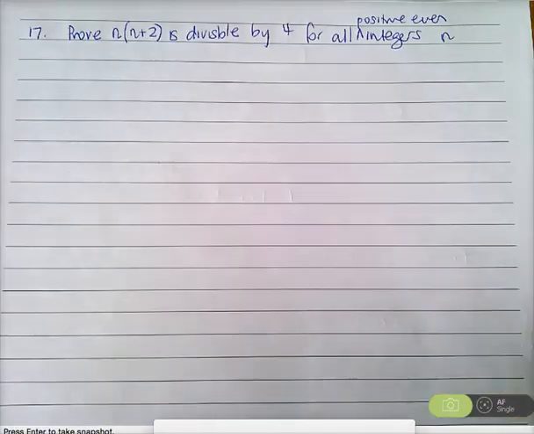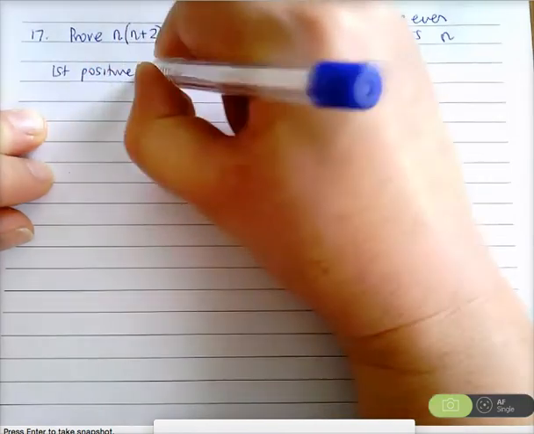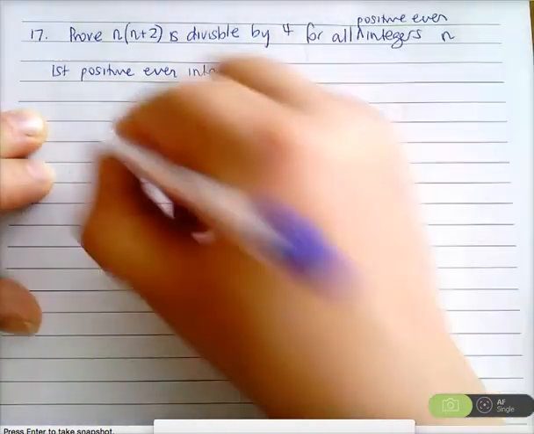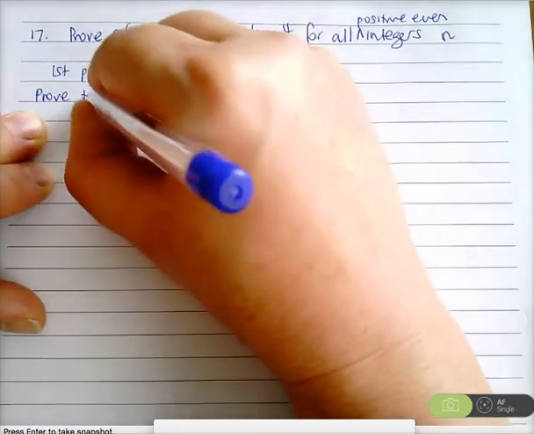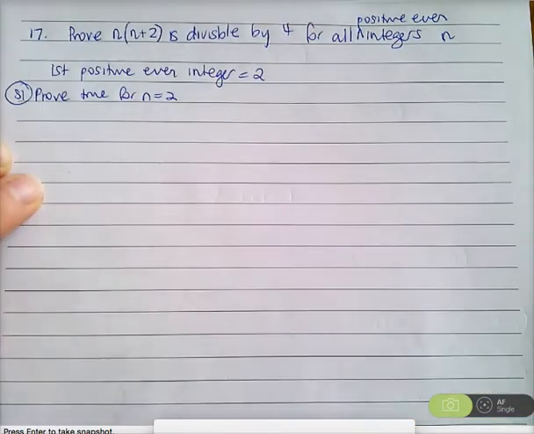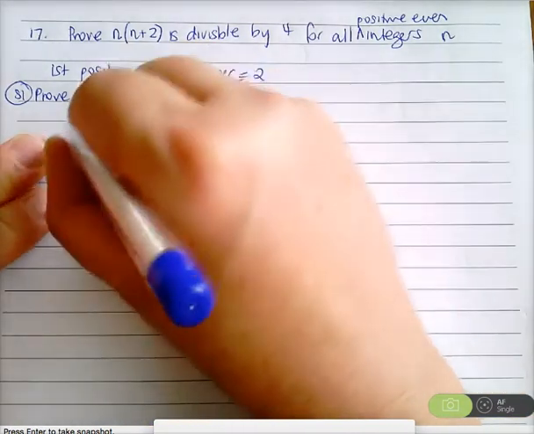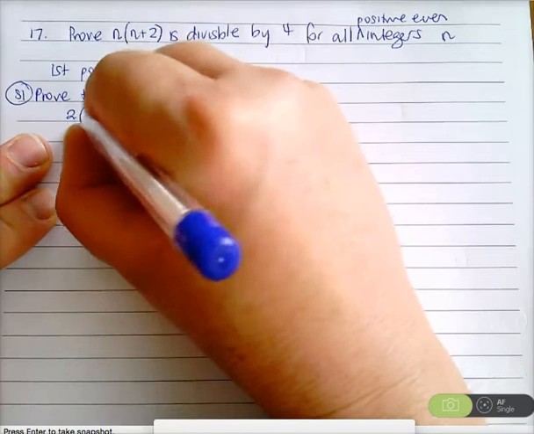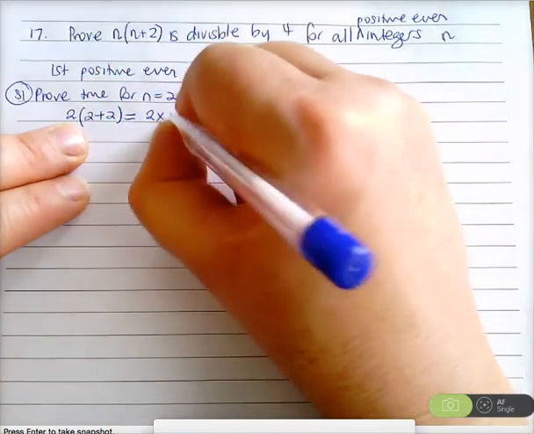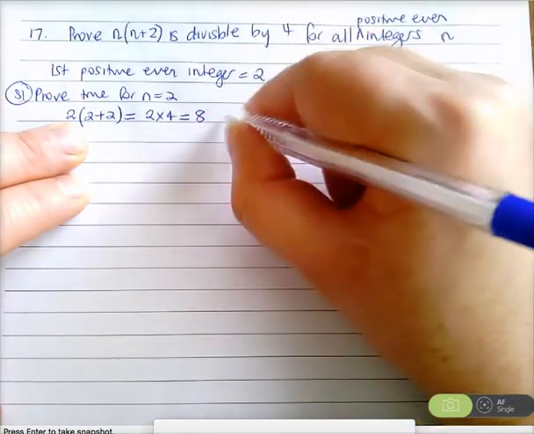Positive even integers n. Our first positive even integer is 2. So we prove true for n is 2. Step 1. You might have to watch this on video because I want to do it quickly. Prove true for n is 2. So we've got 2 times 2 plus 2, which is 2 times 4, which is 8, which is divisible by 4.